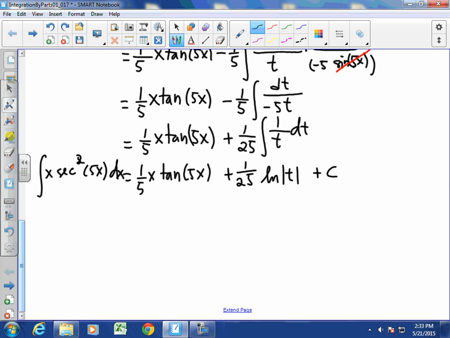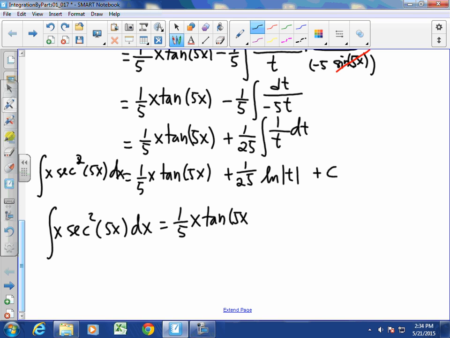So replacing t, we get the integral of x secant square 5x dx equals 1 over 5 x tangent 5x plus 1 over 25 ln of the absolute value of cosine 5x, then plus a constant. And that is what we were looking for.